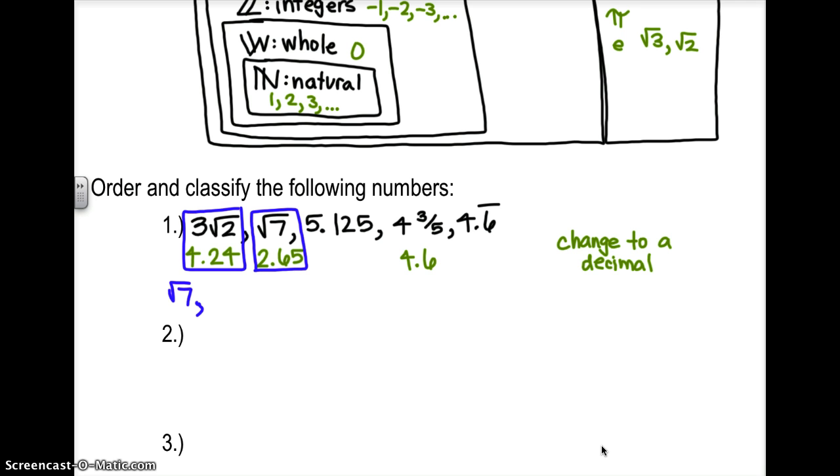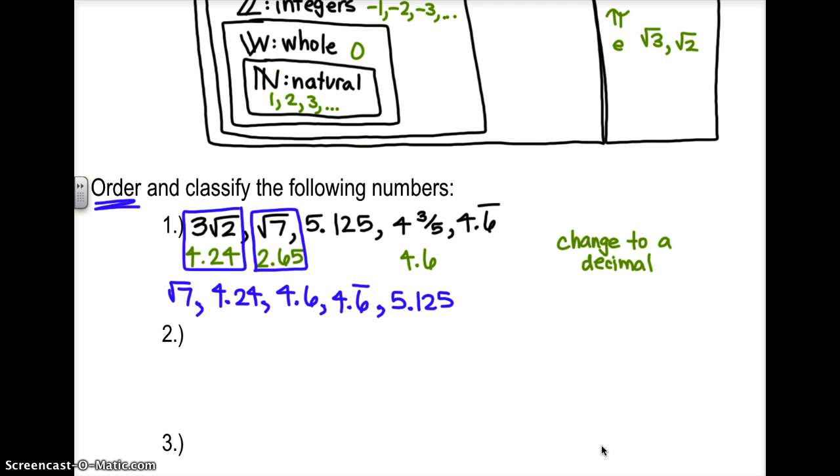We want this one next. 4.6 is a little bit less than 4.6 repeating. And then last but not least, we have our 5.125. Once we write them as a decimal, it's super easy to write them in order. So that's not all it says. We've ordered them.